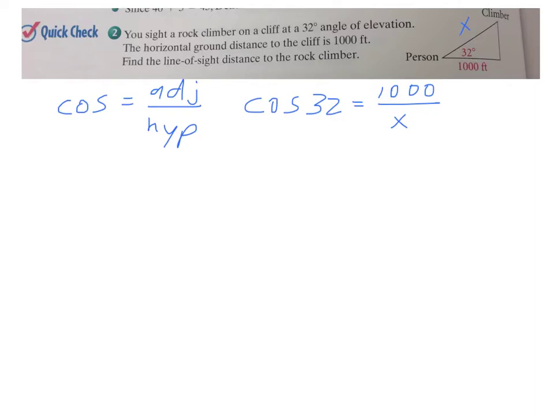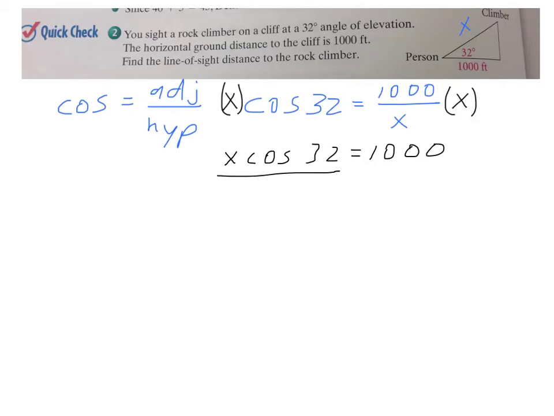Well, we know from lesson 8.4 that cosine equals adjacent over hypotenuse. So on this one, cosine of 32 degrees is going to equal 1,000 over x. Then we're going to multiply both sides by x, and you're going to get x times the cosine of 32 degrees equals 1,000.